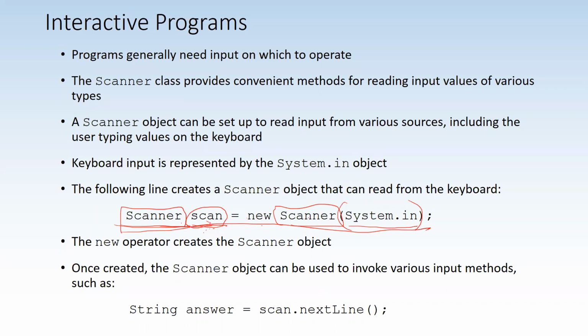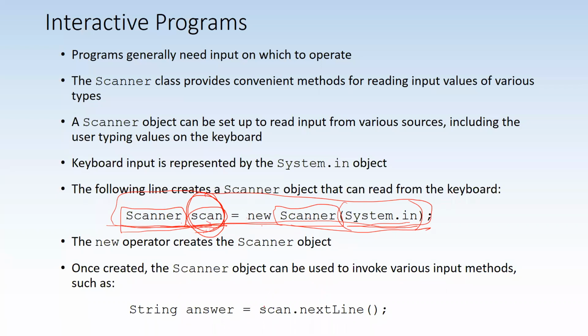You are already familiar with System.out when we print. System.in is to read from the keyboard. So this is always the statement you have to have. This can change, it's just a variable name. So we are creating a scanner object named scan. And now we can read.